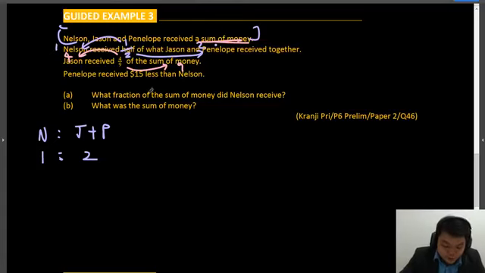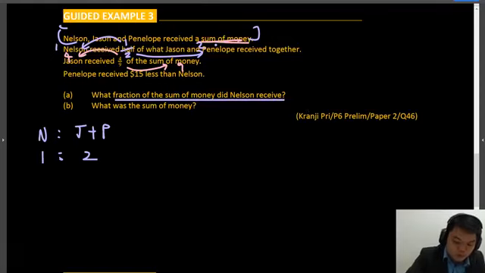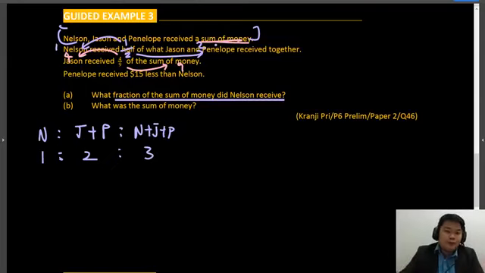Okay, because I want to find out the fraction of the sum of money, you want to combine everyone up. And you will see that in the simplest form, Nelson received 1 block out of a total of 3 blocks. So we can answer A immediately. Part A must be 1 out of a total of 3 blocks.